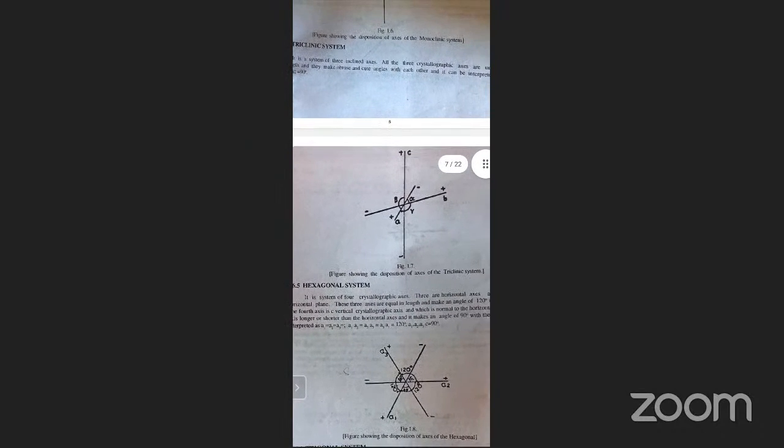The hexagonal system: crystals having 4 crystallographic axes. 3 out of the 4 crystallographic axes are in a horizontal plane and are equal in length.